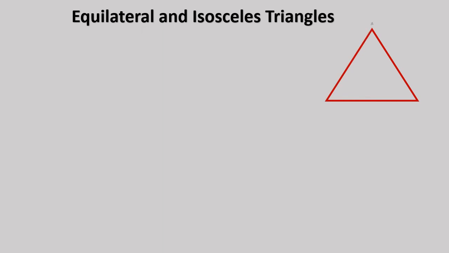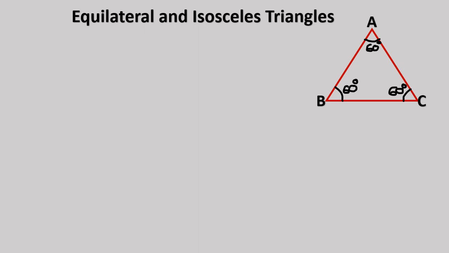Next one, equilateral and isosceles triangles. You already know what equilateral and isosceles triangles are, but let us say a little more about their properties. All sides equal, that is the equilateral triangle, all sides as well as all angles equal. And I mentioned that each angle of an equilateral triangle is 60 degrees.